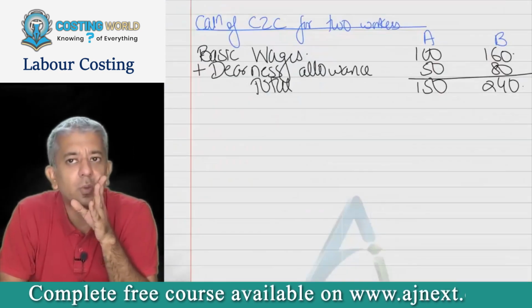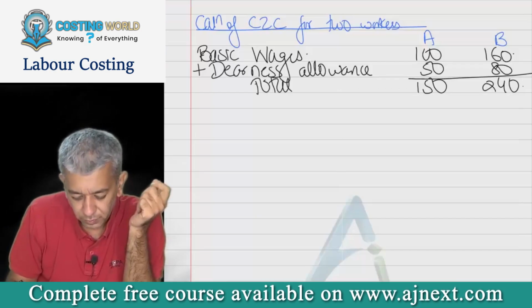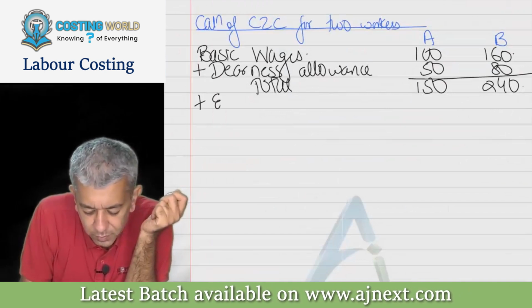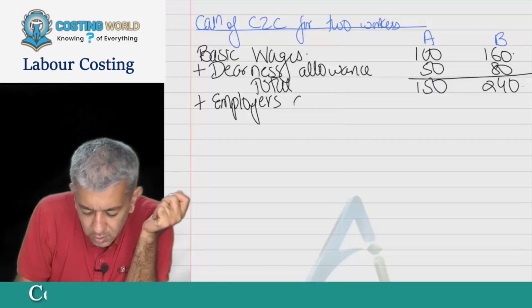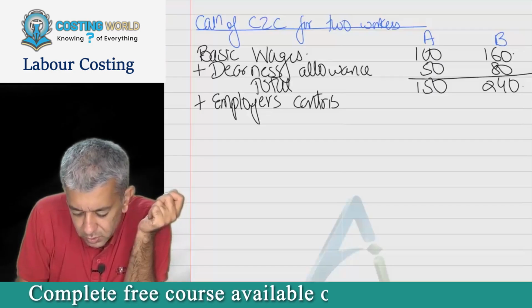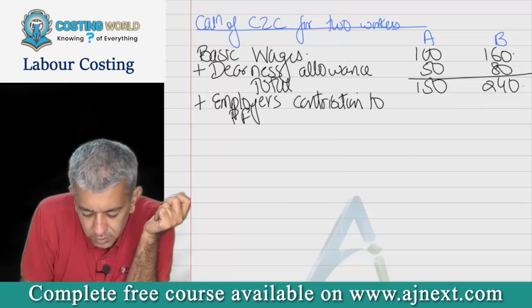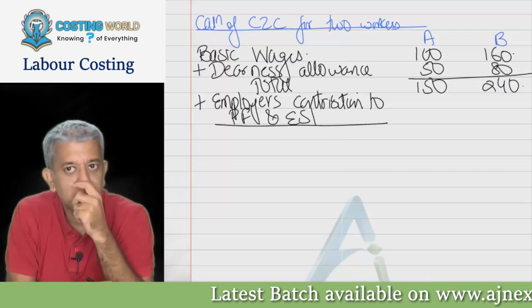So tell me, are we adding employer's contribution or employee's contribution? Employer's. So please write down: add employer's contribution to PF and ESI.